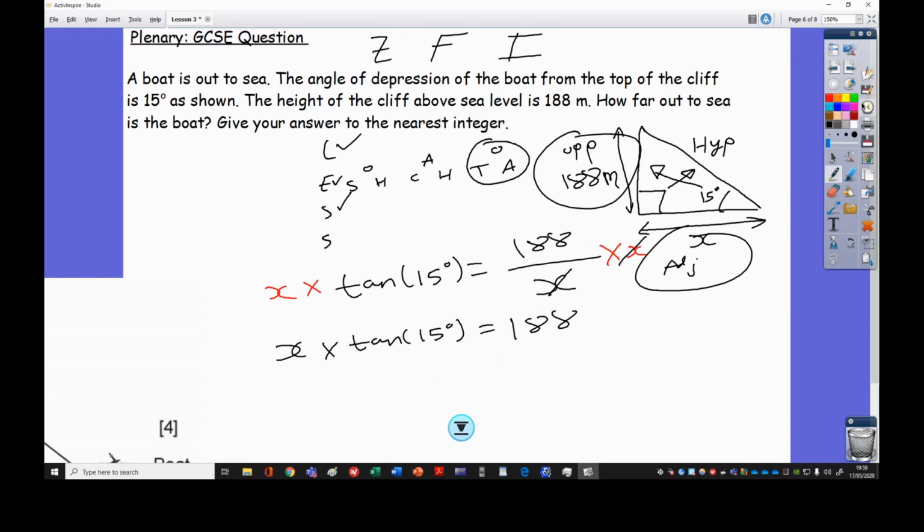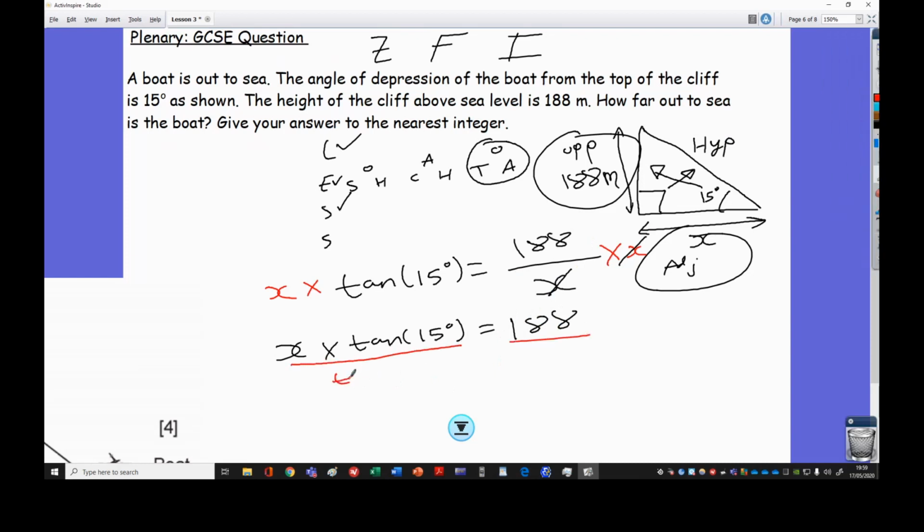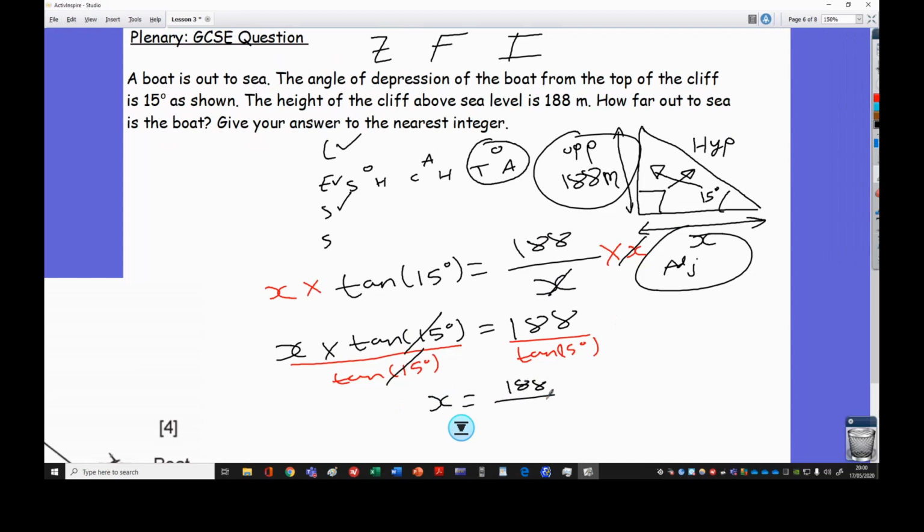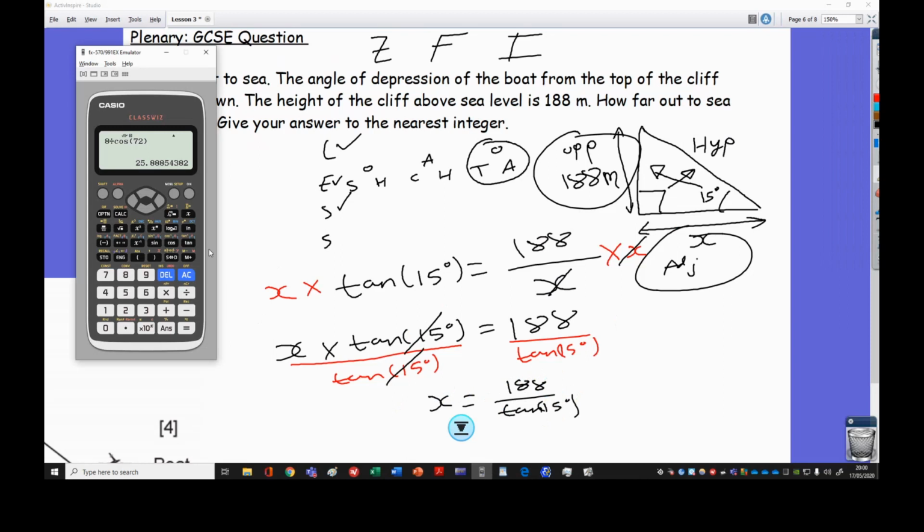Then I can divide both sides by tan 15 to leave x on its own, which is what I want. They cancel, so that gives me x is equal to 188 divided by tan 15. Let's put that into our calculators. We can either write it as a fraction with modern calculators.